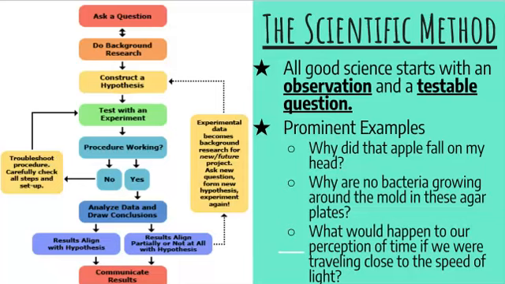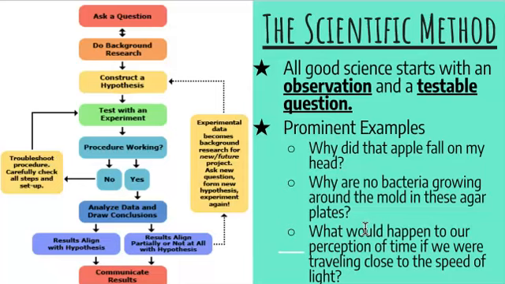And so notice how there's a flowchart for the scientific method, because all good science starts with an observation and a testable question, right? So testable means that it can be answered through experimentation. And so look at these three examples right here. And so this is from Newton, the first example.